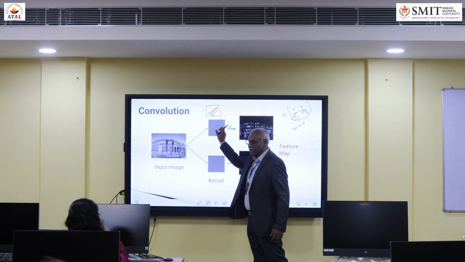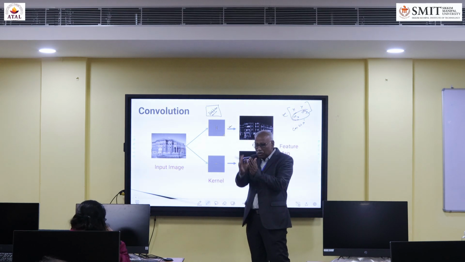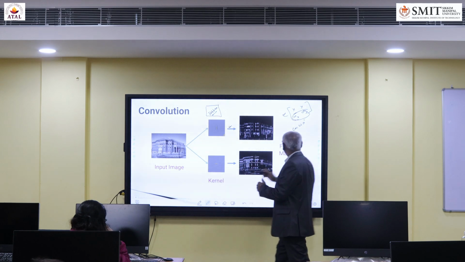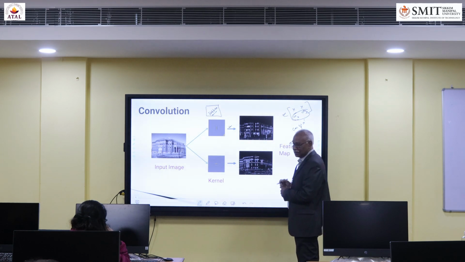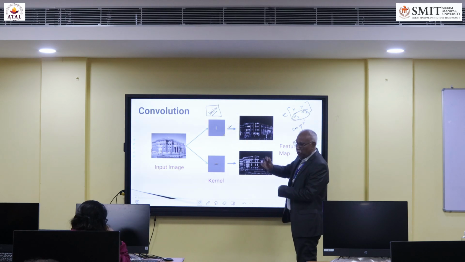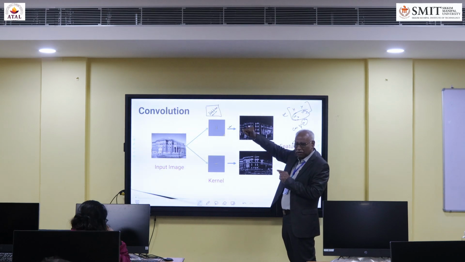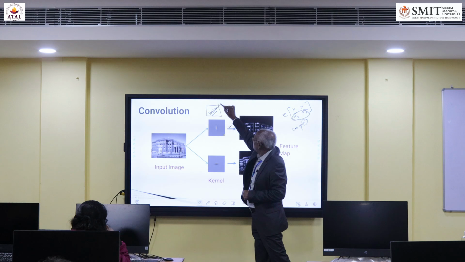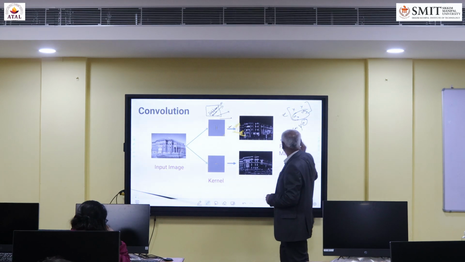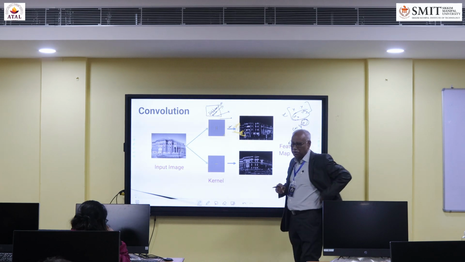How frequent or how dense those cosine waves will be depends upon this value of omega. And what will be the orientation? That is this x prime direction of the kernel. Whether it will be in this direction or this direction depends upon the value of theta, which determines this extent.